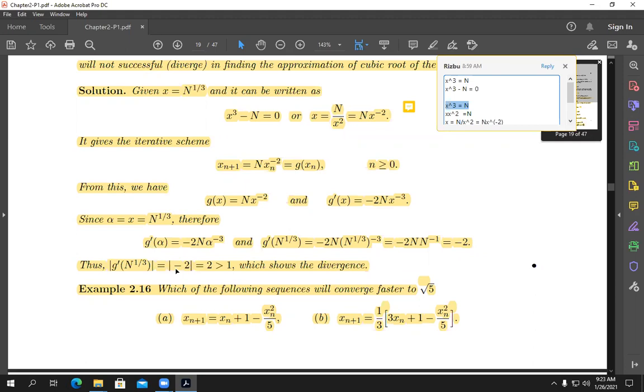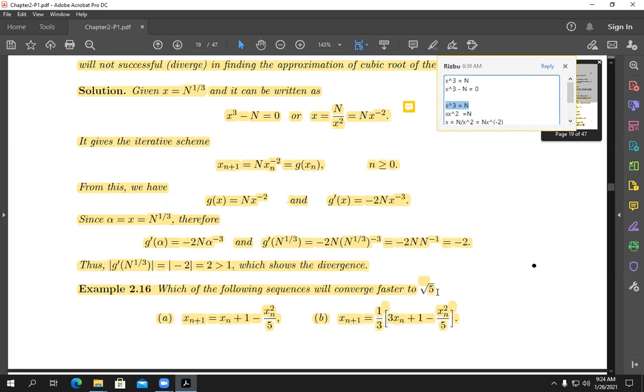Teachers can make mistakes. I made a small mistake. Some students said number 1 converges faster, some said number 2 is faster, and of course they were right, because I only asked which one converges. Next time in the exam, I said, which of the following sequences will converge faster to root 5? And this one converges faster.